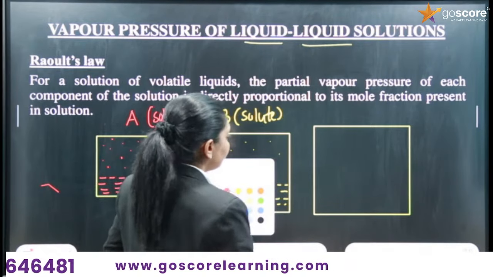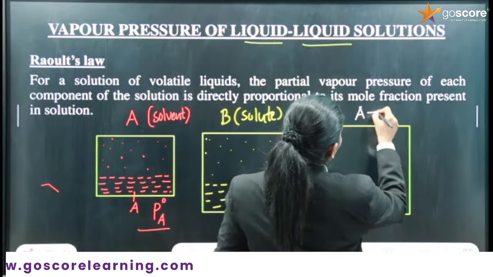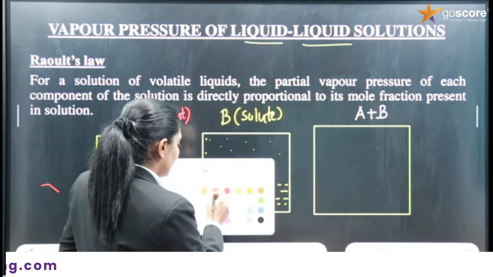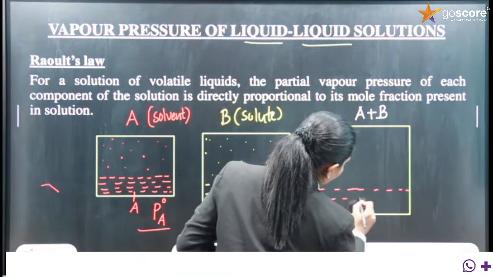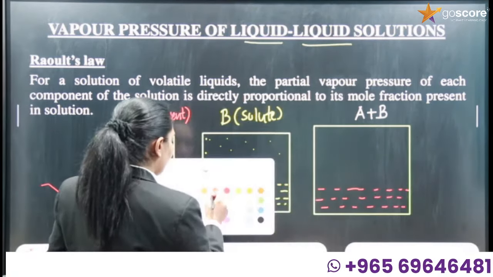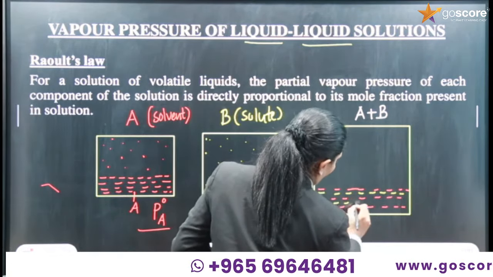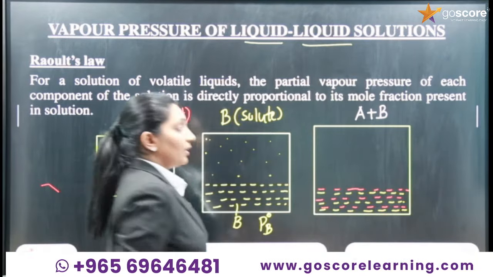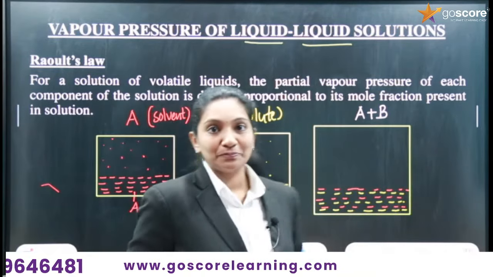So here we are mixing A and B together. There will be some component A, to which we are mixing the component B. Done. So for this case, what will be the pressure?